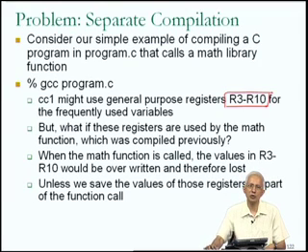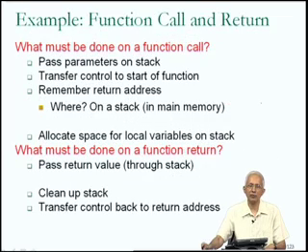Therefore, the saving and restoring of registers whose values might be overwritten by the function which is being called is an essential part of the function call and return from our perspective. And that is in fact what remains to be put into this sequence of steps.